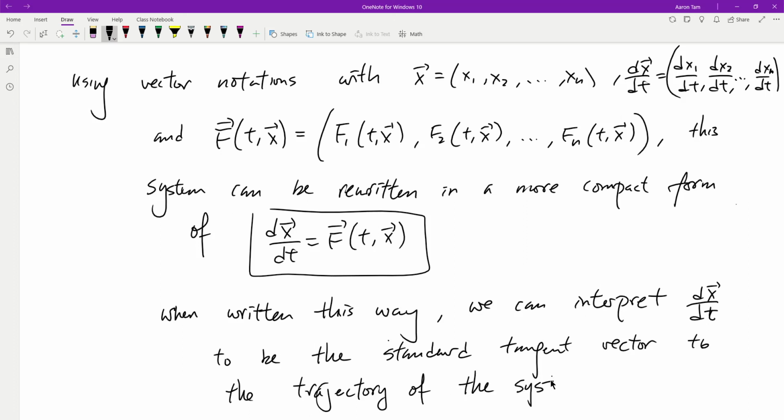So it gives a nice, simple geometrical interpretation of what our system of differential equations actually means.